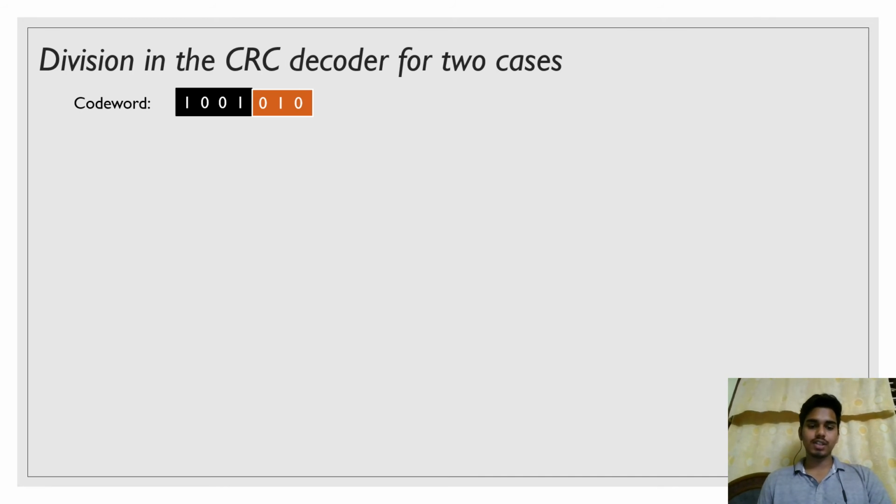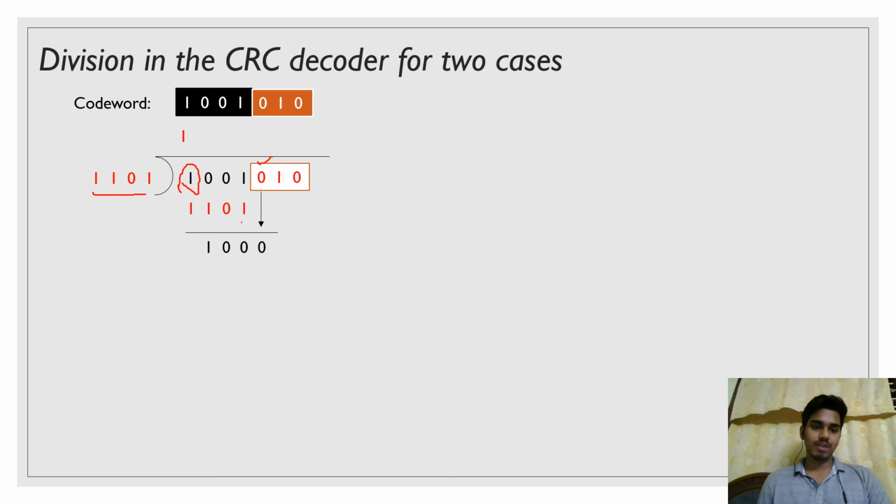So if the code word 1001010 is received by the receiver, the leftmost bit here is 1, so we will add this divisor to the 1001, and we will bring this 0 bit down, and 1 plus 1 will be 0, 0 plus 0 will be 0, and 0 plus 1 will be 1. And now again the leftmost bit is 1, we will add this divisor again to 1000.